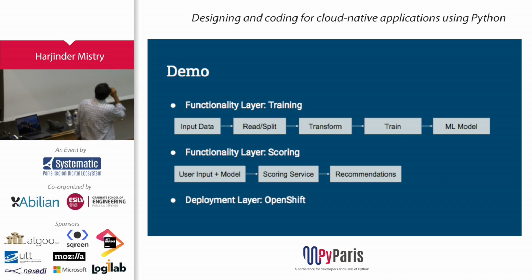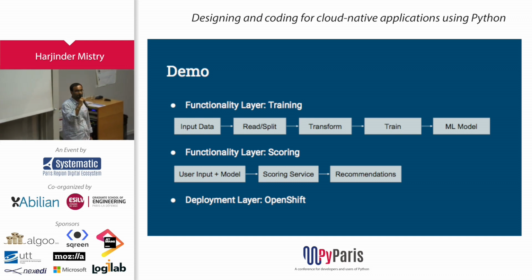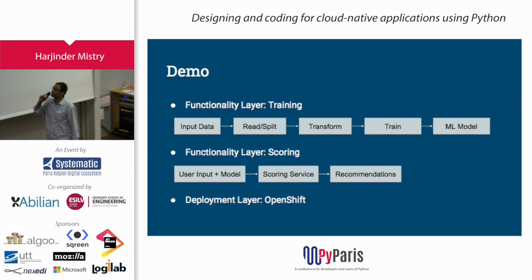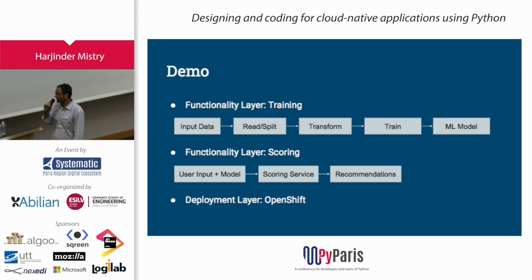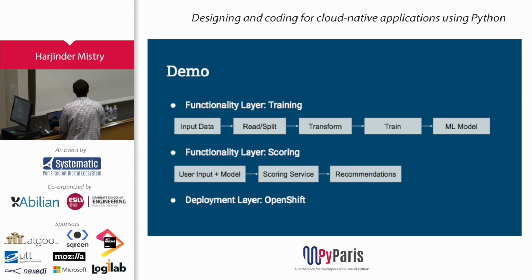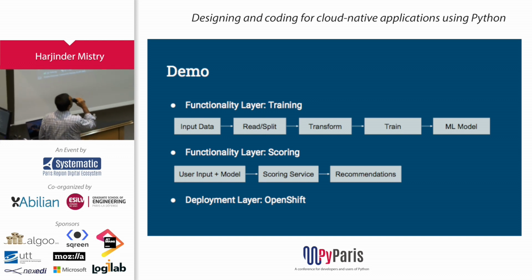Okay, so now let us see a small demo of the main points that I discussed in this presentation. One, let us go through the functionality layer, where we are doing a training. It might be difficult to do it with one hand, I'll try my best.